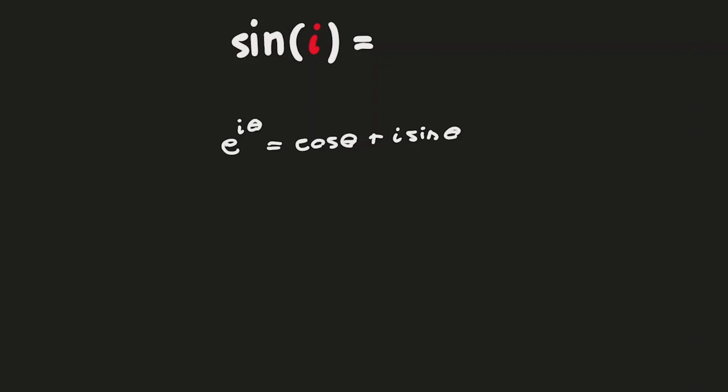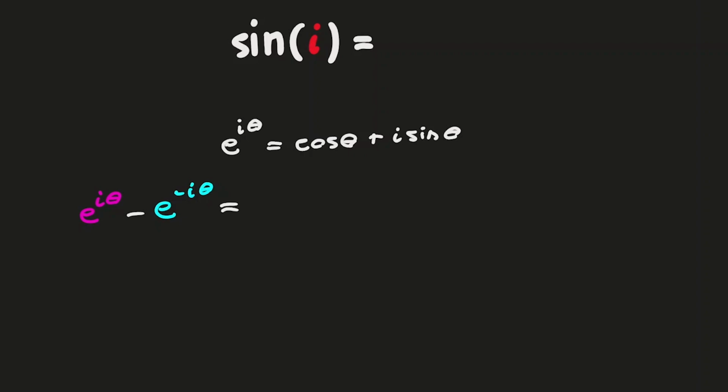So we need to sort of isolate sine of theta from this equation, and we can do it in the following way. Let's take e to the i theta, and let's subtract from this quantity e to the minus i theta. You can guess this in a couple of seconds just looking at the equation.